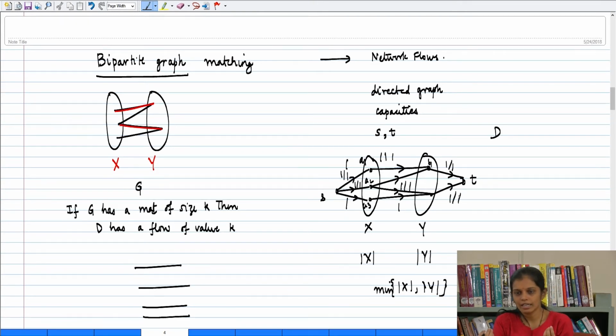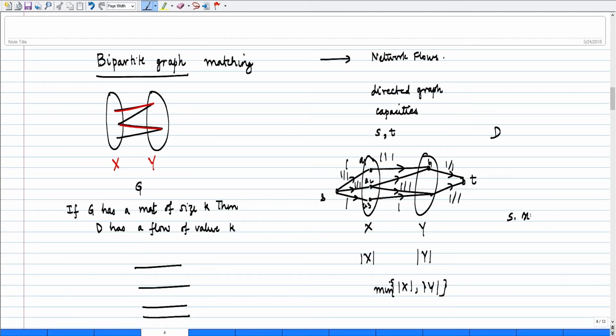If you have an edge little x1 y1 which belongs to the matching in the graph G, you take f of S x1 is equal to f of x1 y1 is equal to f of y1 t, which is equal to 1.